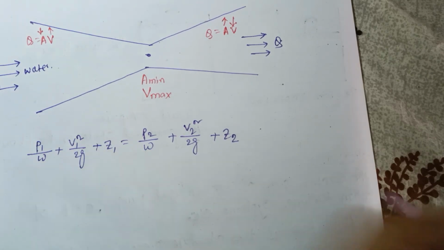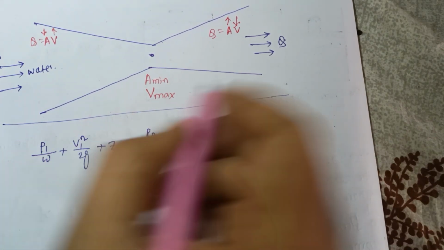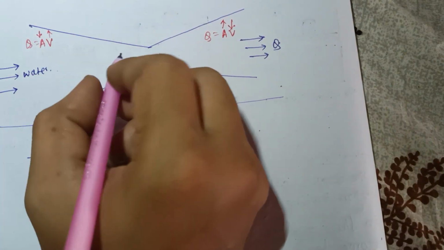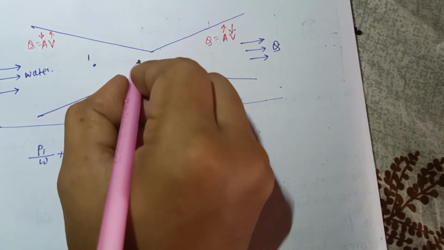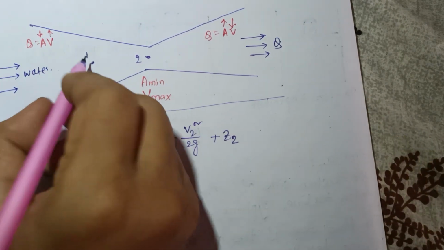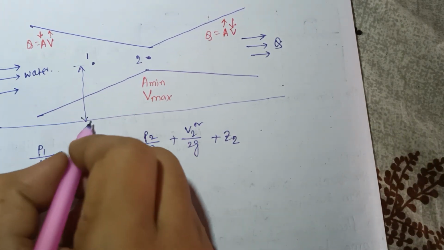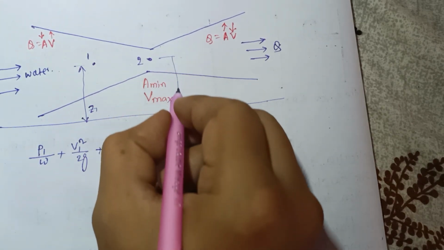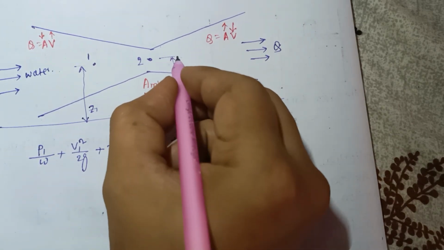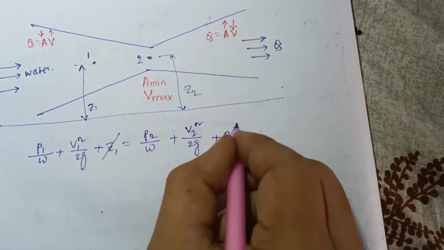So z is measured from the reference line. Consider this is point 1 and this is point 2. The distance from this point to the reference line is z1, and from this point it is z2. So z1 equals z2, so this cancels out.